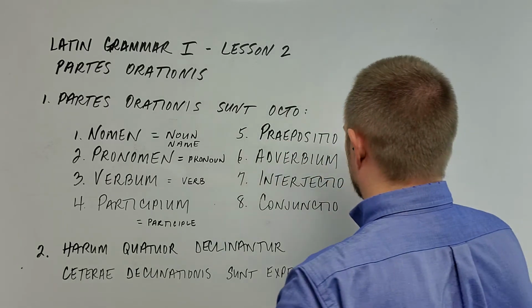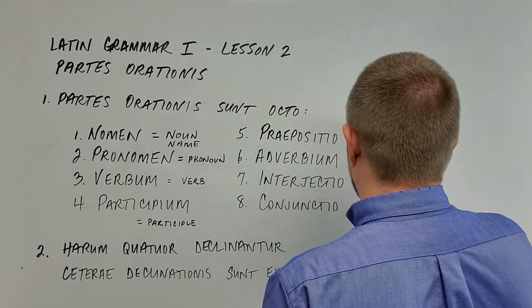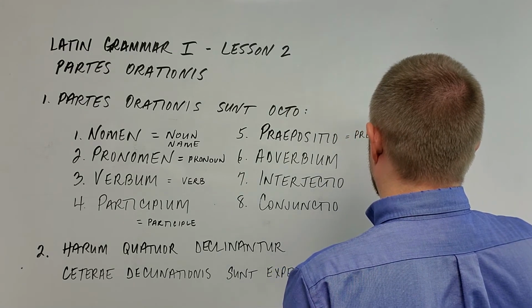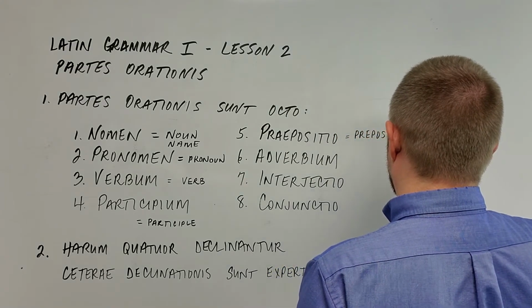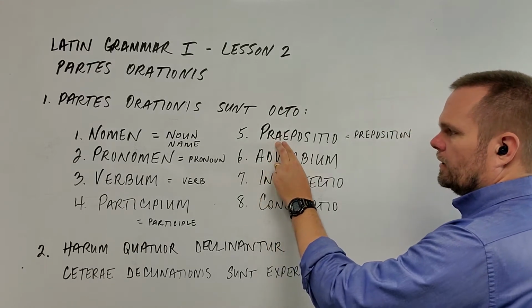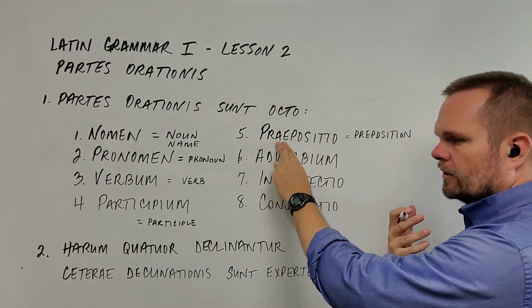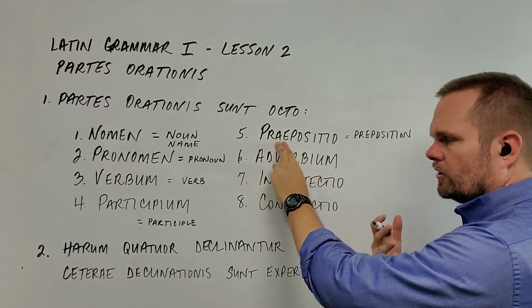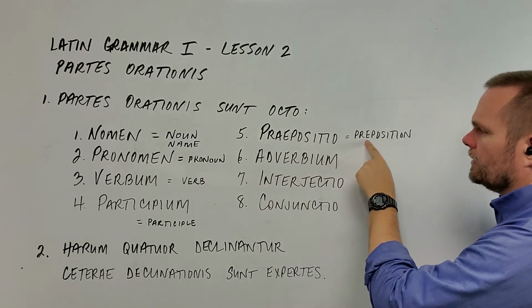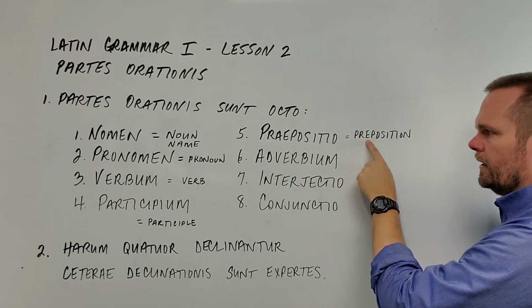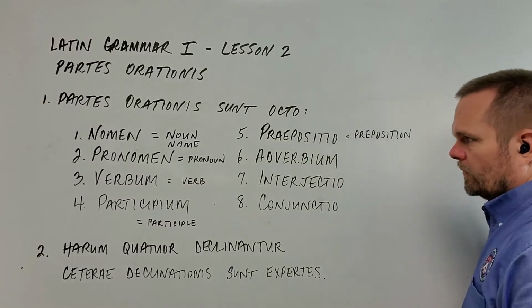And this is the English preposition. That's easy enough. You can see that diphthong ae, when we pronounce it pre in church Latin, becomes e in English. Preposition. Okay?